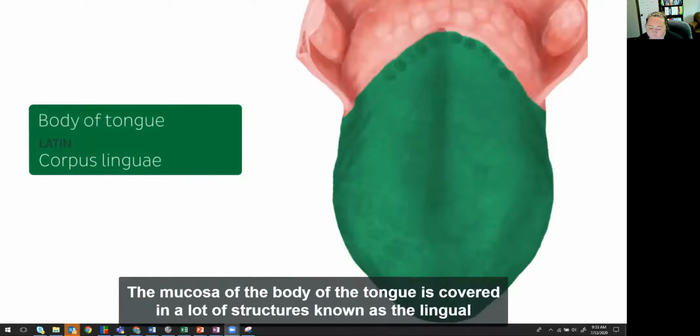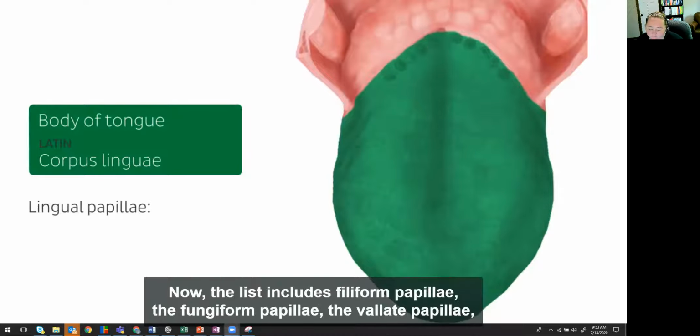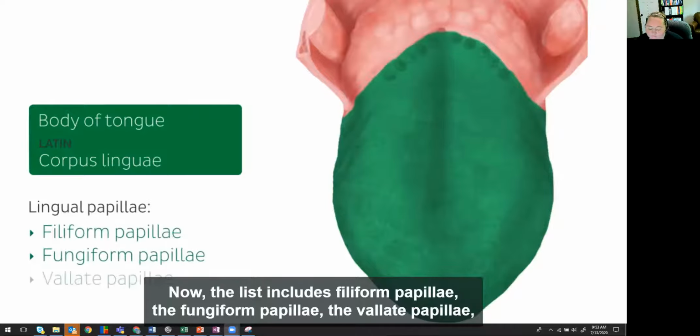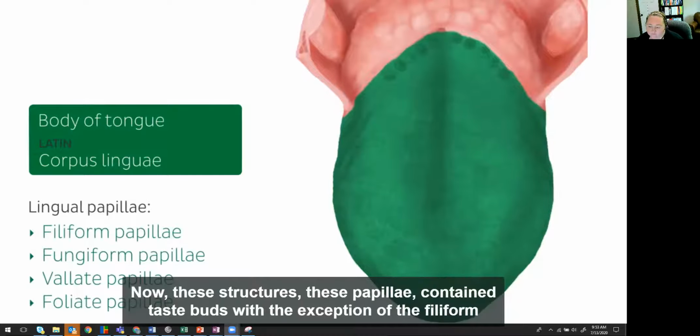The mucosa of the body of the tongue is covered in a lot of structures known as the lingual papillae, plural for papilla. Now, the list includes filiform papillae, the fungiform papillae, the vallate papillae, and also foliate papillae. Now, these papillae contain taste buds with the exception of the filiform papillae.